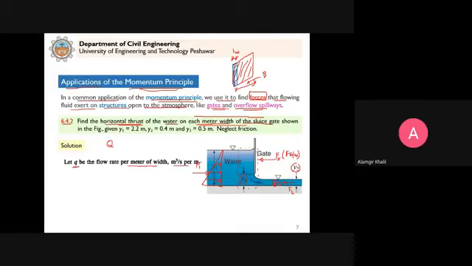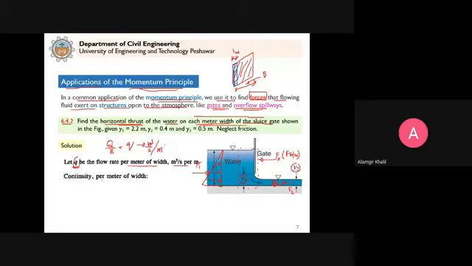So this Q divided by B becomes discharge per unit width. Clear? Because this will be equal to cubic meter per second per meter. So this is how we represent small q: discharge per meter of width, because we are calculating the force for a unit width of the gate. That's why we calculate the discharge per unit width.